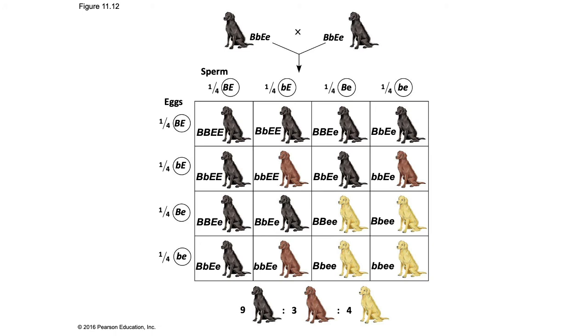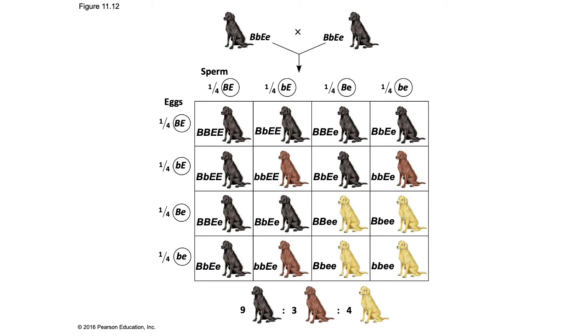One example of epistasis is the interaction between two genes that control hair color in Labrador retrievers. One of these genes, the one that is shown here as big B or little b, controls whether the pigment that is produced by the cells in the Labrador retriever's skin will be black or brown. Again, this pigment is a form of melanin.